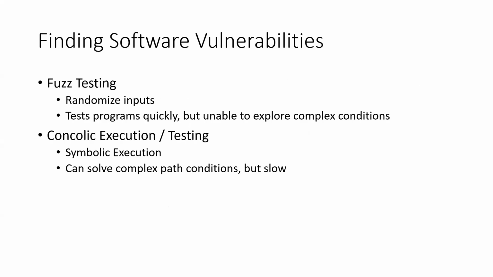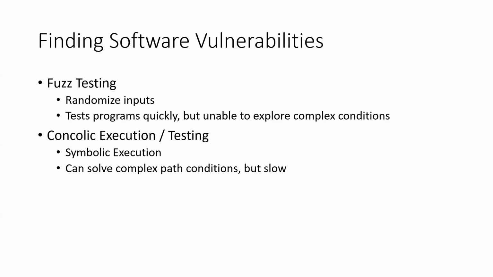There are two main methods of finding software vulnerabilities. One is fuzz testing, or a fuzzer. It randomizes inputs and tries to achieve higher code coverage. This is good because it tests programs quickly, but it is unable to explore complex conditions where the required inputs are very specific.